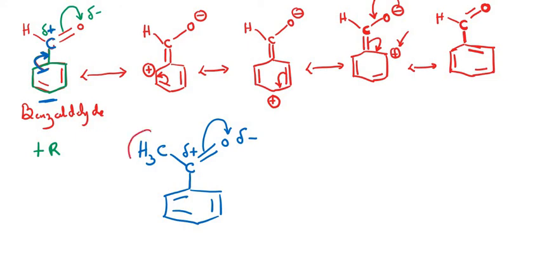One is because of the alkyl group. This alkyl group is an electron donating group because of the plus I effect, that is the positive inductive effect. And the second part is that the pi electrons of benzene will be involved in delocalization, and this is because of the plus R effect, which is called the positive resonance effect, or it is also called the plus M effect, that is the mesomeric effect.